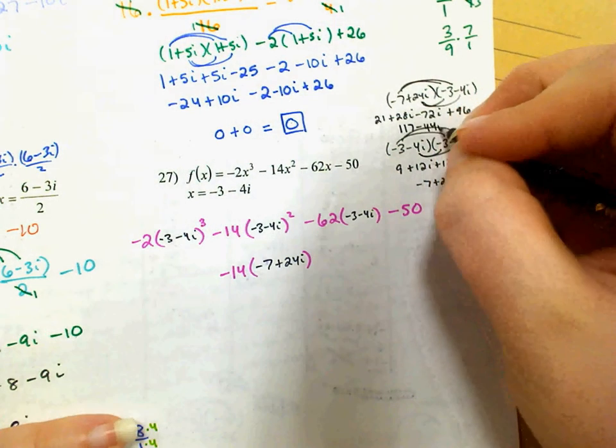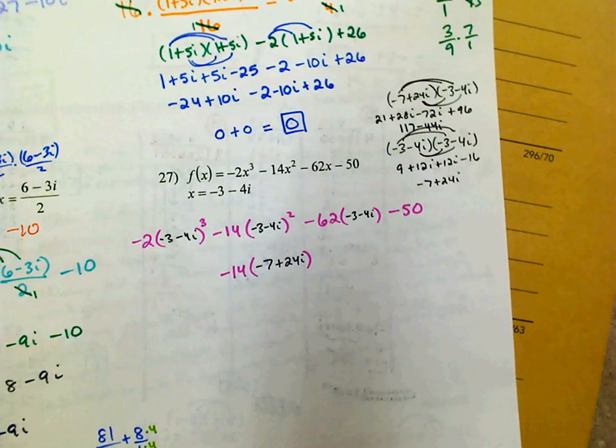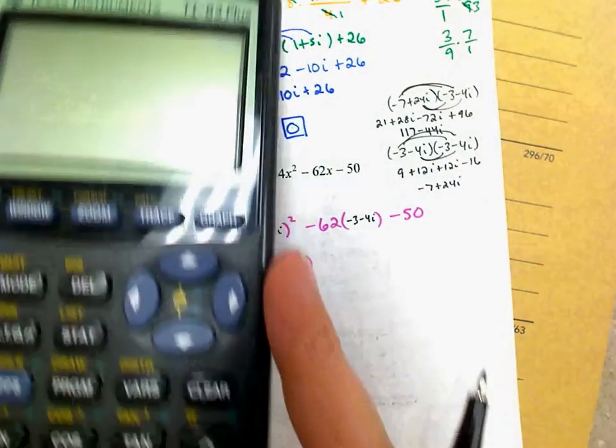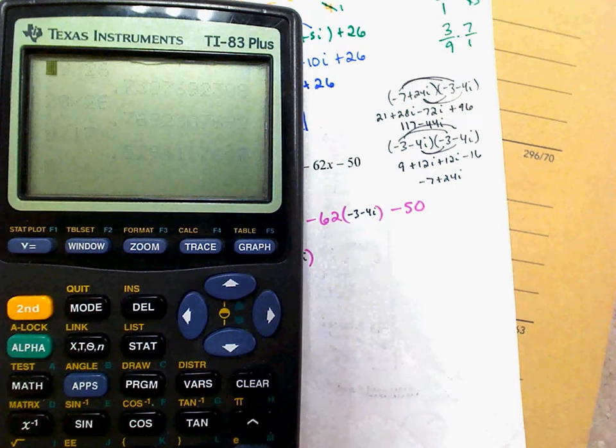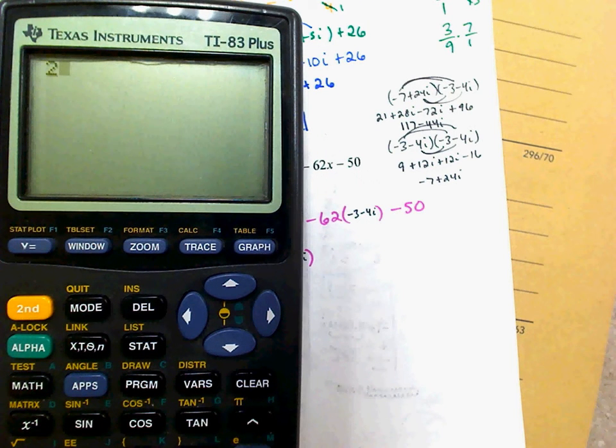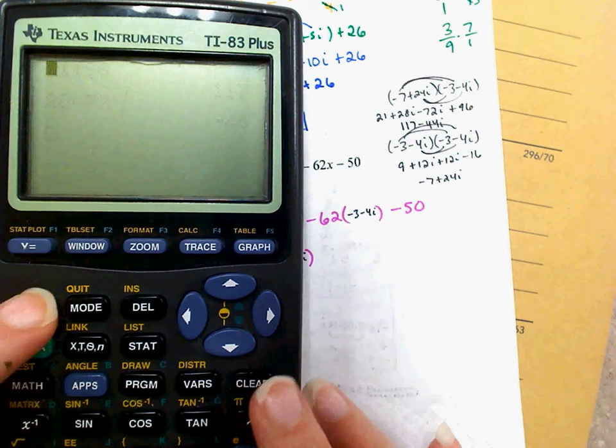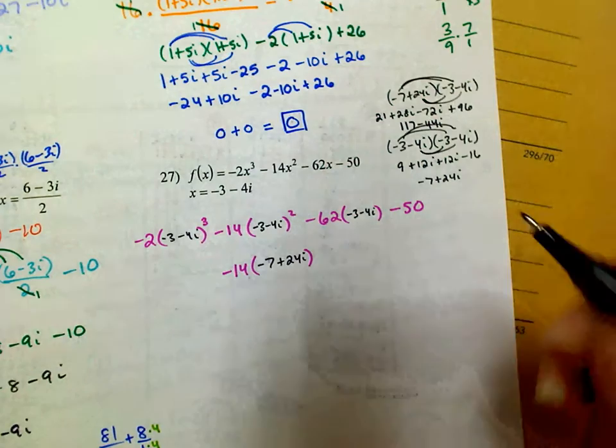Just don't want to be wrong. 21 plus 96, and then 28 minus 72. Okay, so I've got that. That is negative 3 minus 4i cubed.